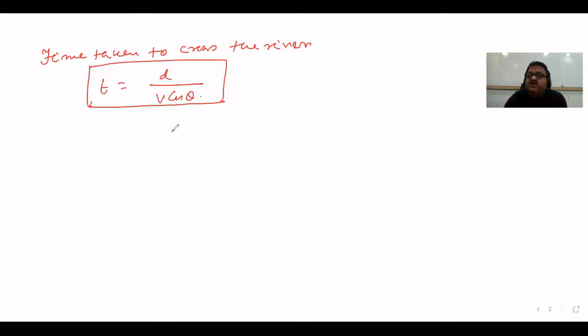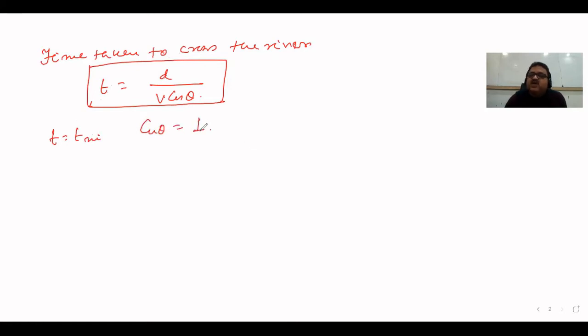But here we need to find the minimum time required to cross the river. So look, d is fixed, V is fixed, only variable is cos theta. And we know when the denominator is maximum, t is minimum. So t equals t minimum when cos theta is maximum. And what is the maximum value of cos theta? 1.